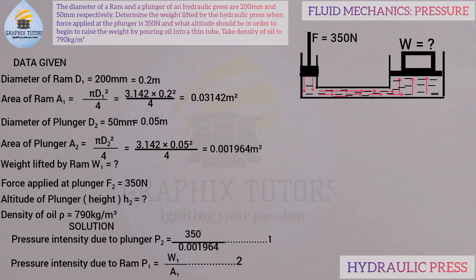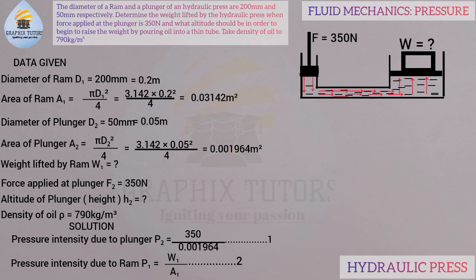We don't know the force at the ram, meaning we don't know the weight at the ram that is being lifted by applying the force of 350 Newton, but we know the area. Now, if you look closely, we have 2 unknowns, which is the pressure and what? The pressure and the force.